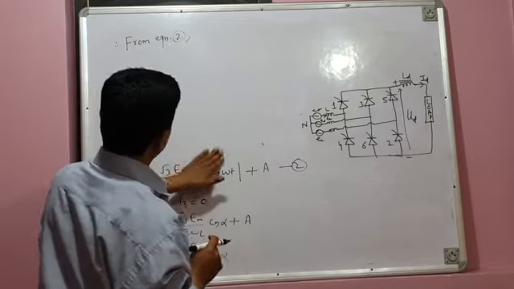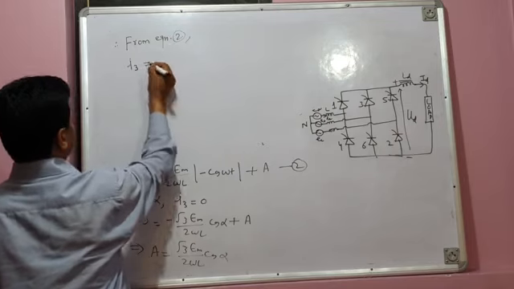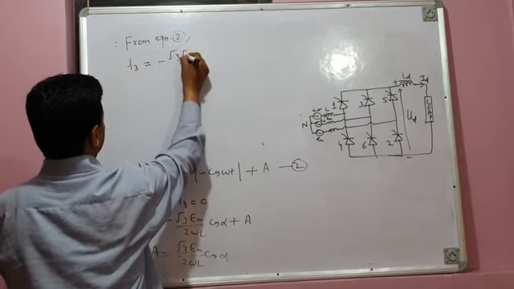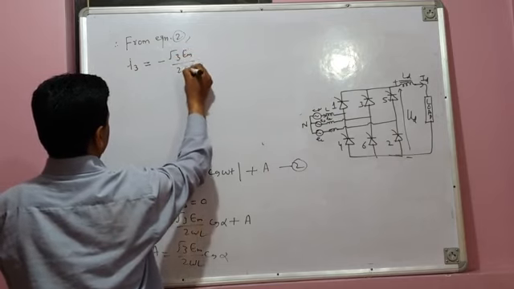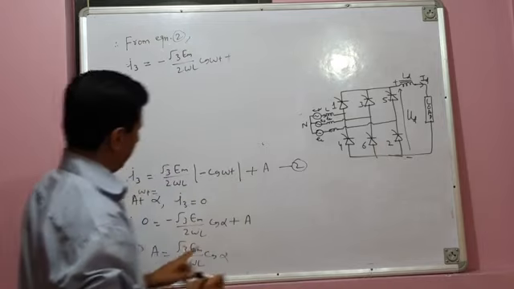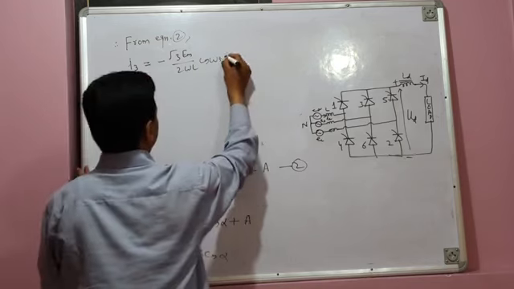I get the mathematical expression for I3, the valve current of valve 3. That is I3 equal to, first term is minus root 3 Em by 2 omega L cos omega t plus A, and A we have already calculated. A is root 3 Em by 2 omega L cos alpha.